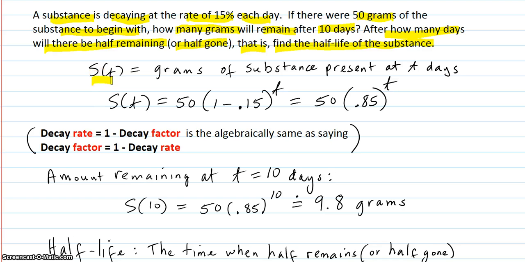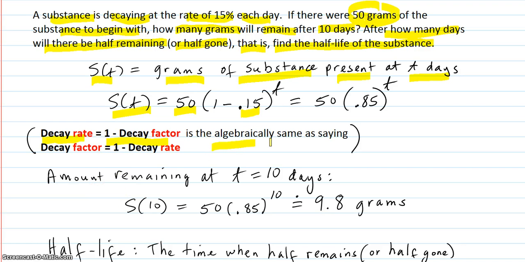So let's let S of t equal grams of the substance present at t days. So S of t equals, the initial amount is 50, and we have the decay rate of 0.15, so we put 1 minus 0.15 in there because the decay factor is 1 minus the decay rate.